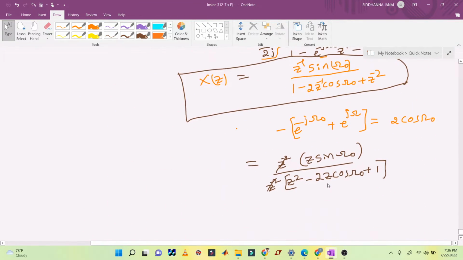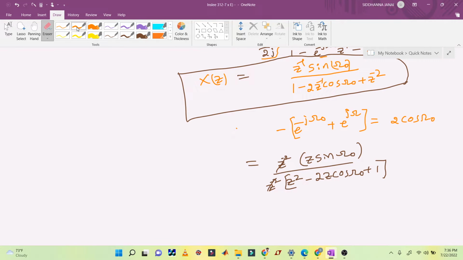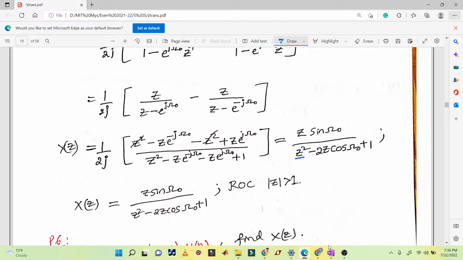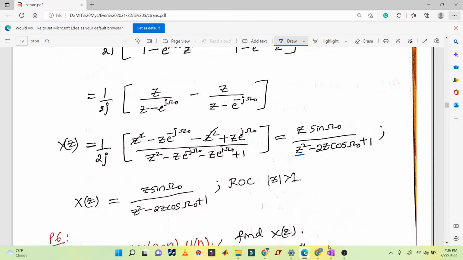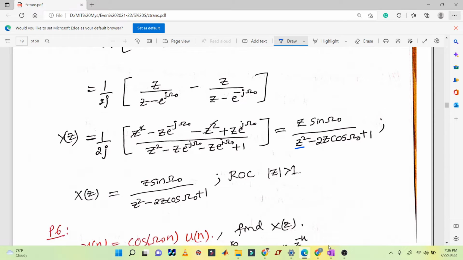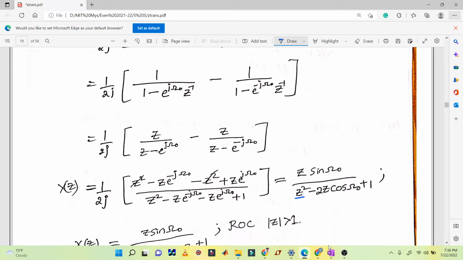So this problem I hope everyone has understood. You can represent in this term, both the terms are correct. That is, either you represent in z inverse form or you take out z to the power minus 2 as common, so you will get this form. Both the forms are equally right. And ROC for this one is z greater than 1. Why?